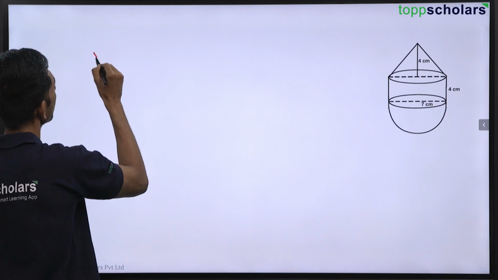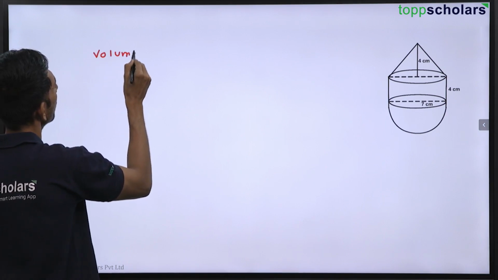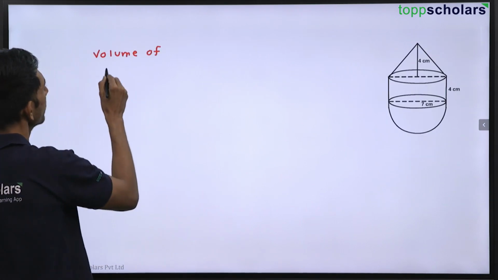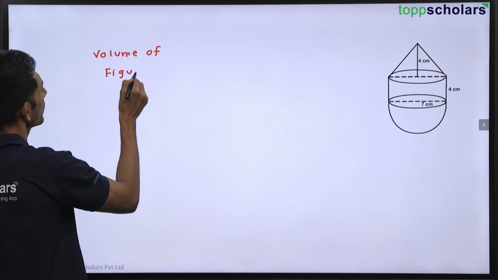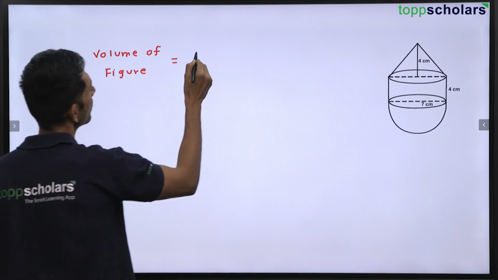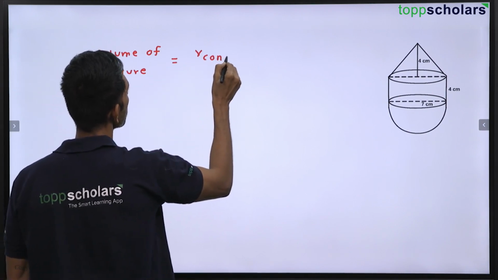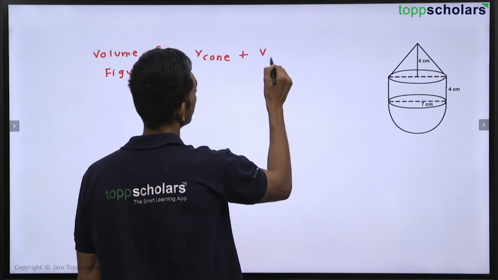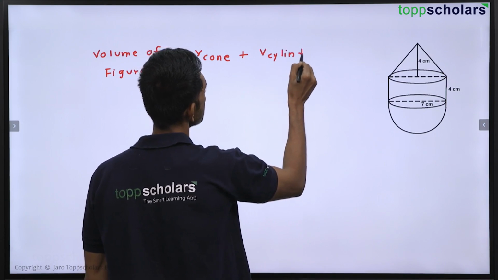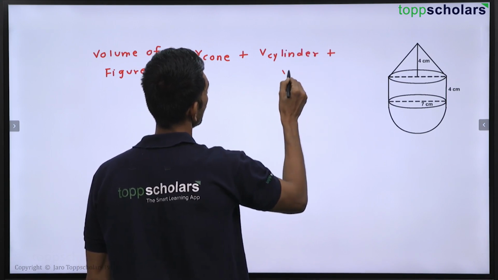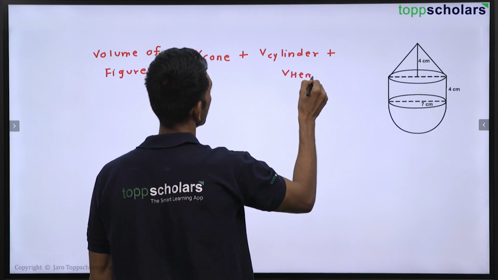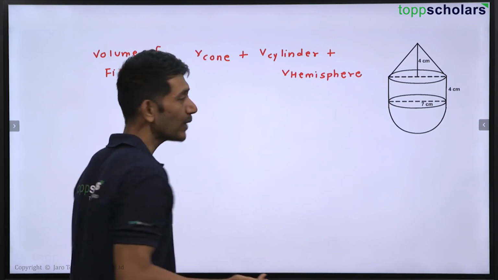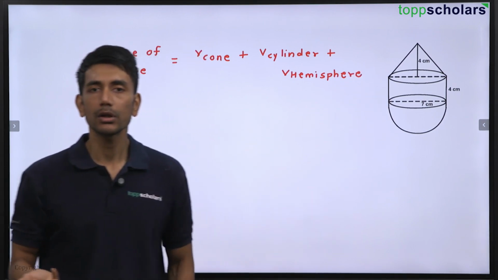So can I say volume of the figure or whatever the object is equal to volume of cone plus volume of cylinder, plus volume of hemisphere. We need to add all the volumes, right? Then only we are going to get the total volume, isn't it?